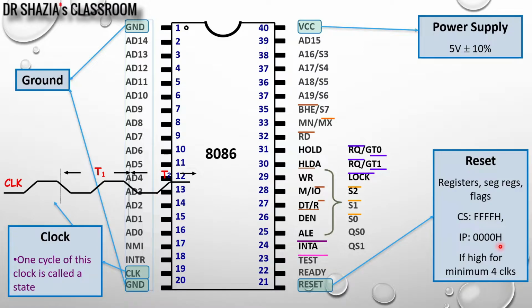The processor will start from the beginning and repeat all the instructions given, and any data present in the registers will be lost. To reset the processor, this signal must be high for a minimum of 4 clock pulses.